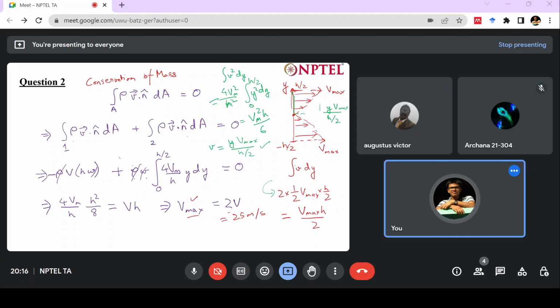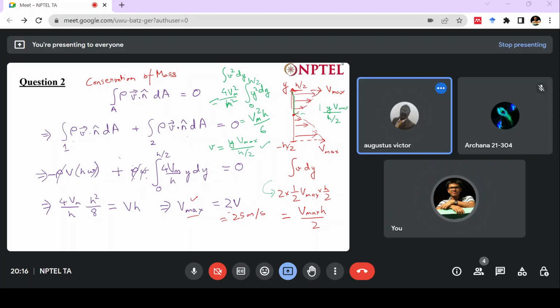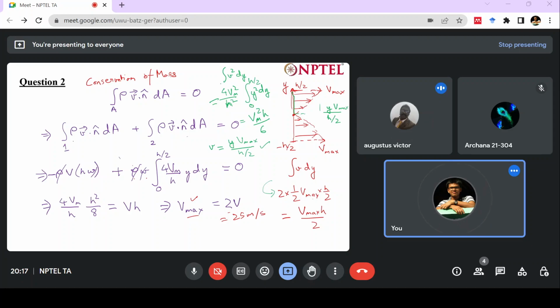When I'm calculating v dy, v is my given function, so v dy is a straightforward integration. But here I am not integrating v dy, I am integrating v square dy. Since it is squared, it is no more a simple triangle.